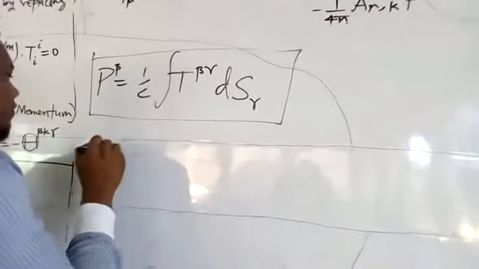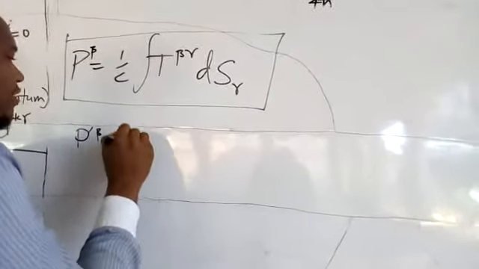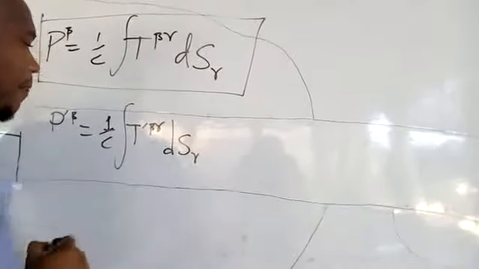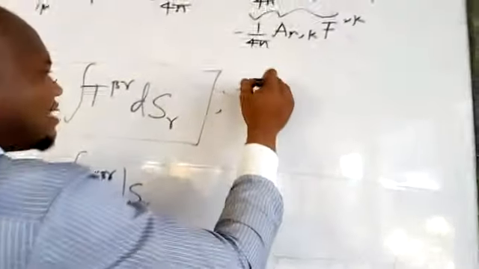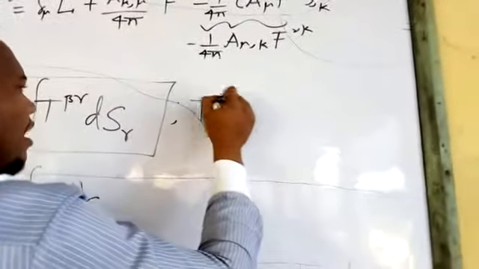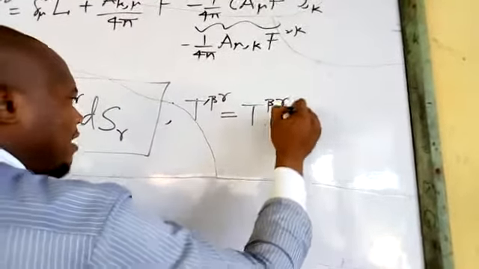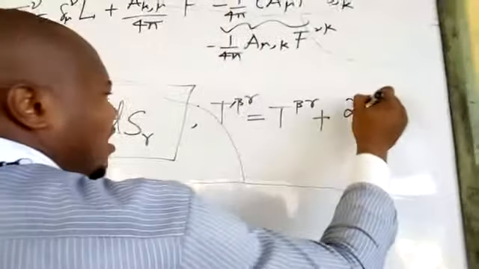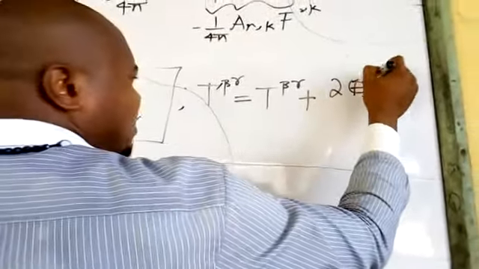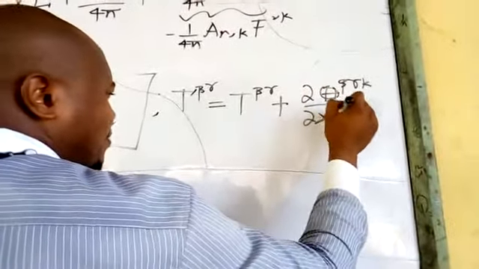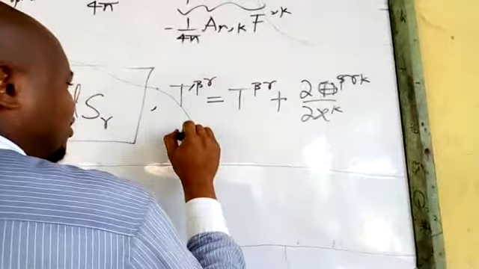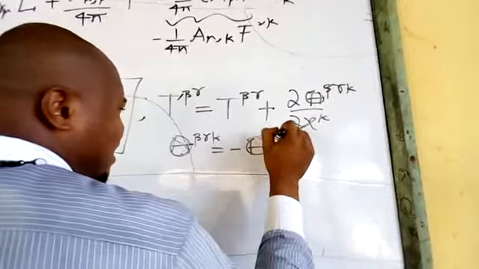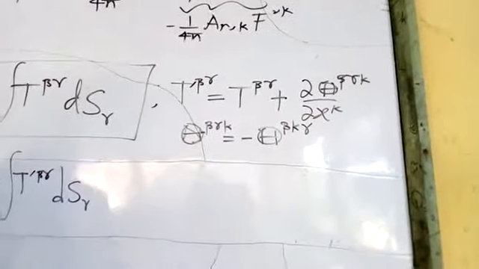For instance, can I define another form momentum like this, 1 over C integral of T prime beta gamma ds sub gamma, whereby T prime beta gamma is equal to T beta gamma plus some term, theta beta gamma kappa, comma kappa. This expression, by the way, I am assuming to be antisymmetric in gamma and kappa. So theta beta gamma kappa will be minus theta beta kappa gamma.